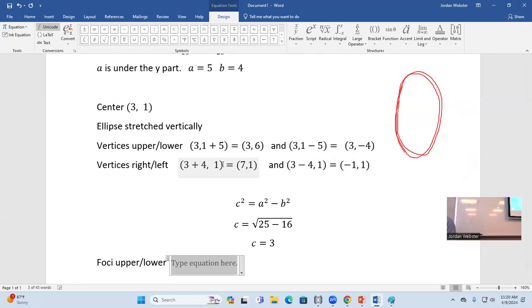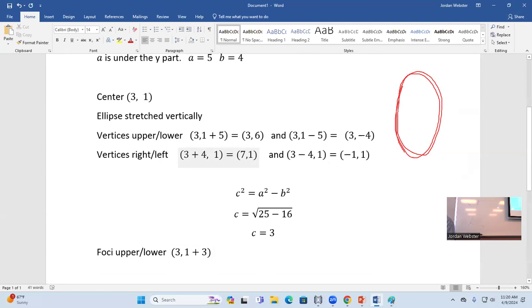One is upper, one is lower. So again, I start at the center, and I'm going to shift up by 3 units to get the upper focus.